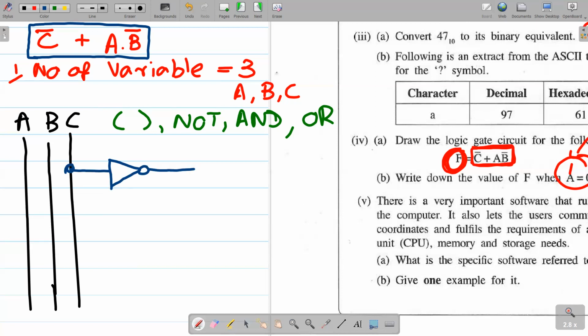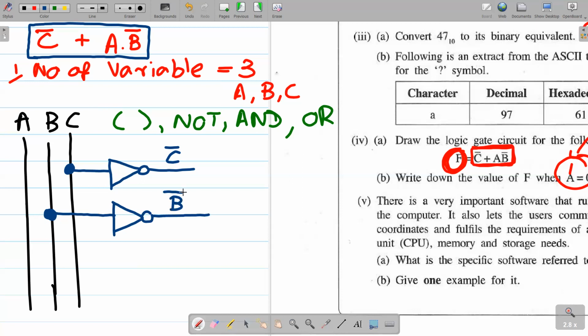I started from C. So this will provide me C bar. And then I have to think about A dot B bar's B bar. Again, the same way, I can put a NOT gate. If you put it over here, you don't need to jump the connections. You can just cross the connection as it is. So this will give you a B bar.